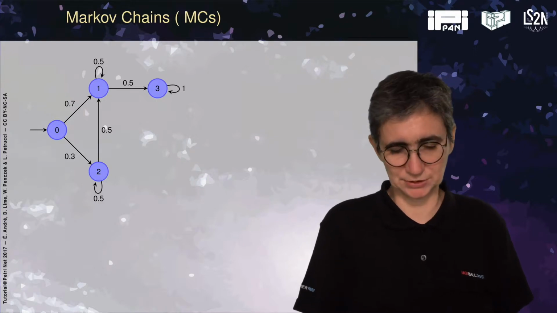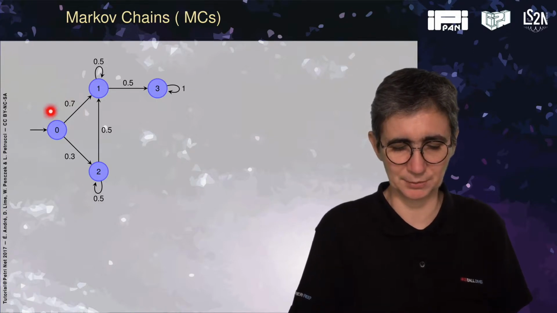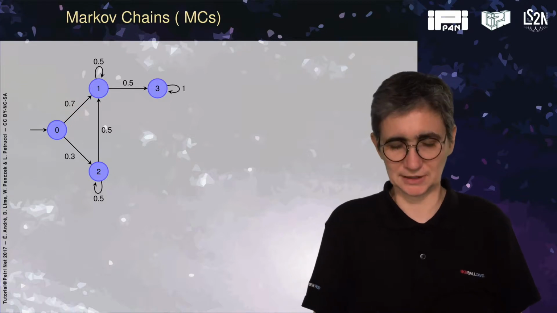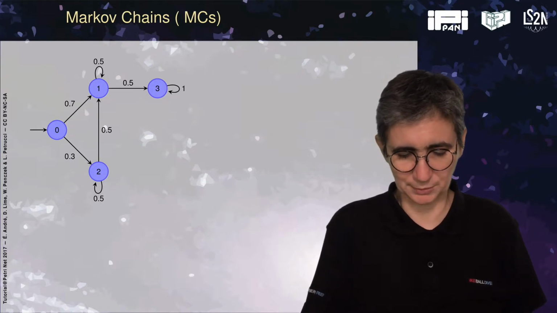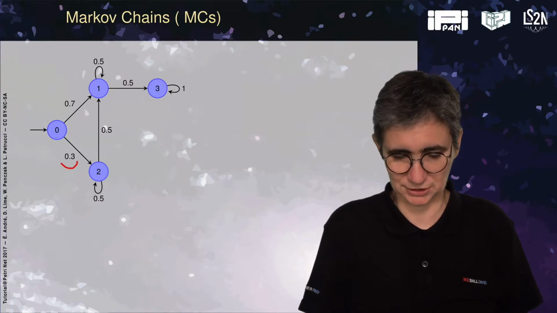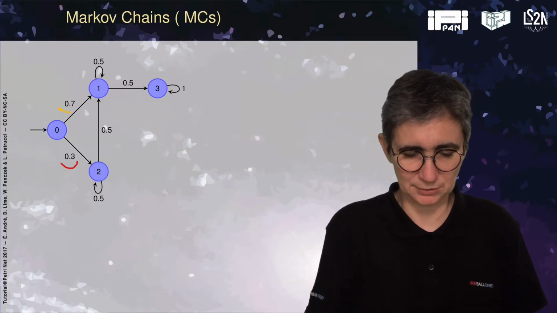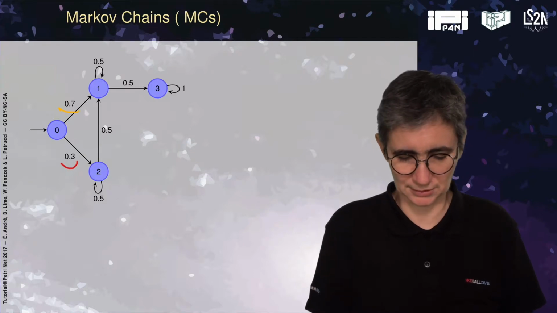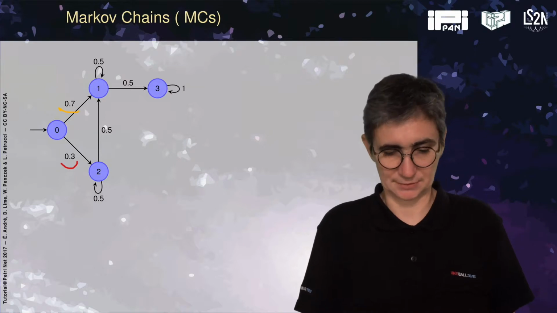And in between two locations you have the transitions with a probability on it. So if you look at location 0, you can exit it with a probability 0.3 to go to location 2 and a probability 0.7 to go to location 1 here, etc.